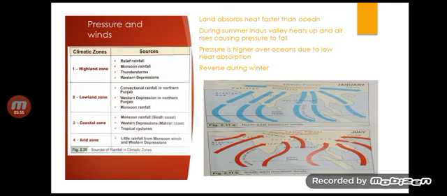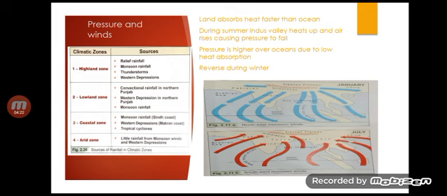We know that the climate of Pakistan was divided into four zones, and this table shows what sources of rainfall each receives. In the highland zone, relief rainfall, monsoon rainfall, thunderstorms, and Western Depression all contribute to rainfall. In the lowland zone, there is convectional rainfall in northern Punjab, Western Depression in northern Punjab, and monsoon rainfall.